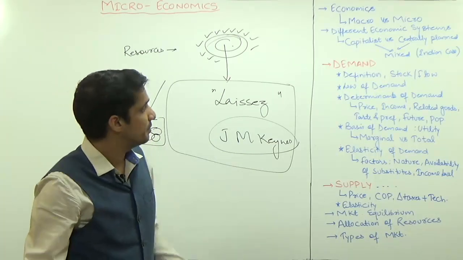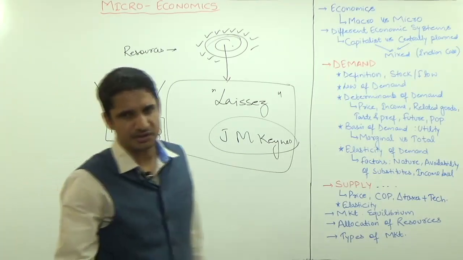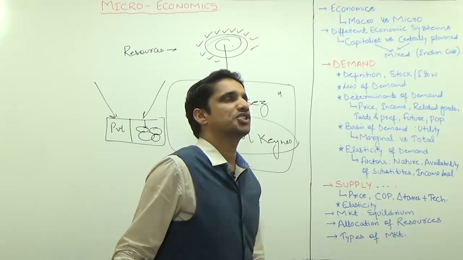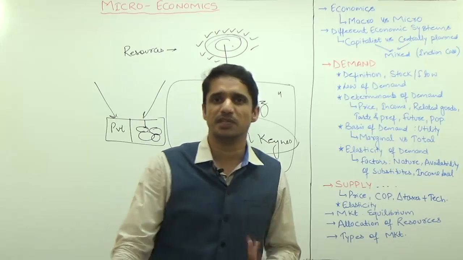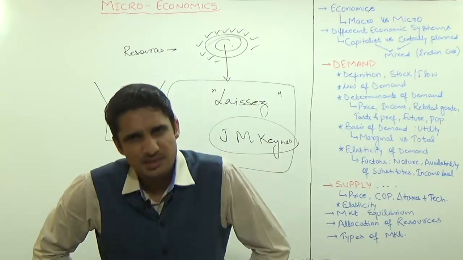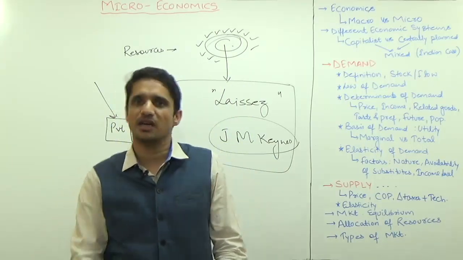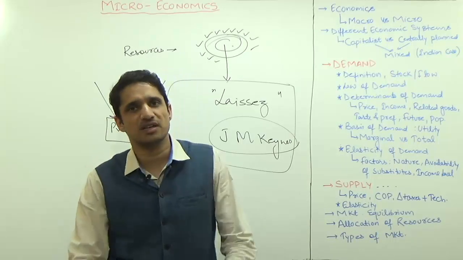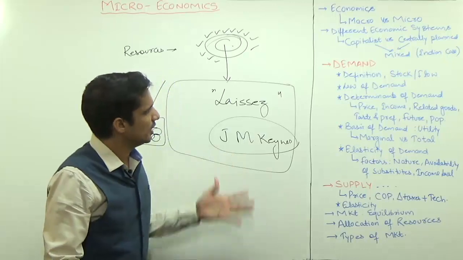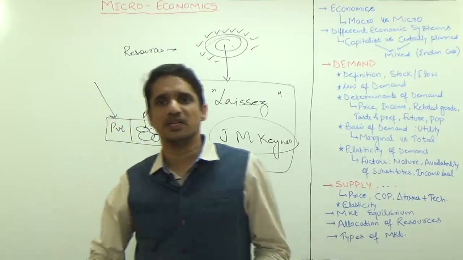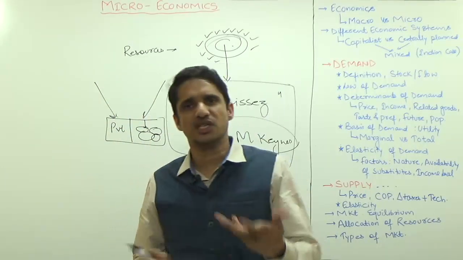Why India adopted mixed economy is because when we got independence, the British government, or the East India Company, which was further replaced by the British government, systematically deindustrialized the Indian economy for almost 300 years. And when we got independence, at that time there was a lot of problem of poverty, unemployment, no industrial growth.